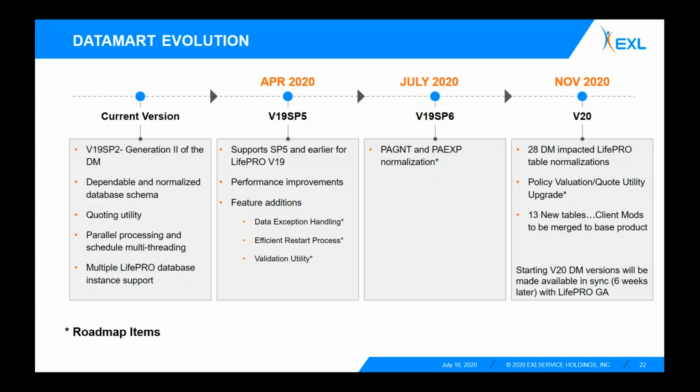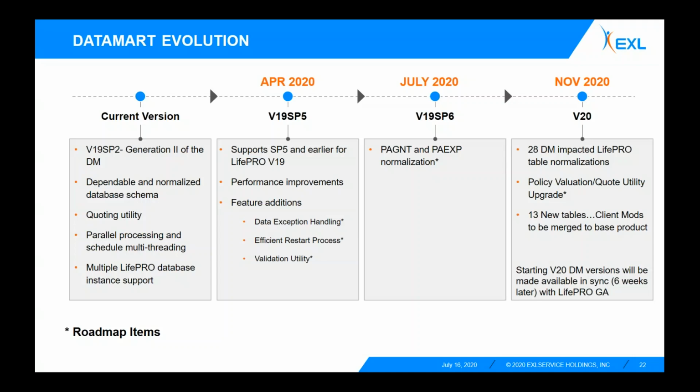So we have the current version of LifePRO, and we've described some features that the current version has, between parallel processing, that normalized schema, multi-database support, etc. And we've talked about the versions, the features that we've added.